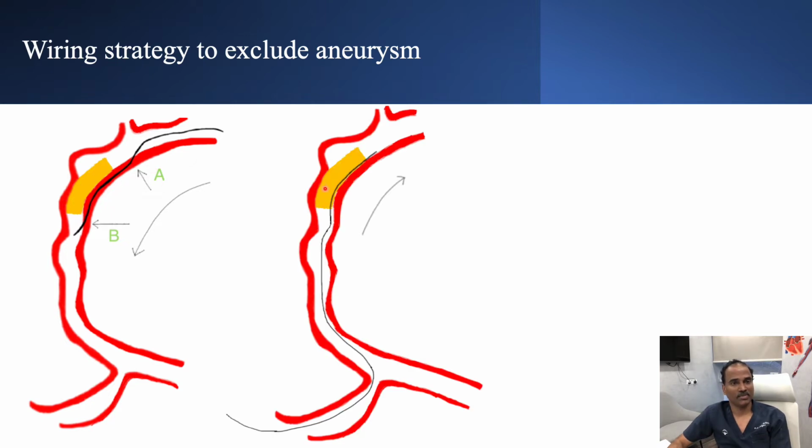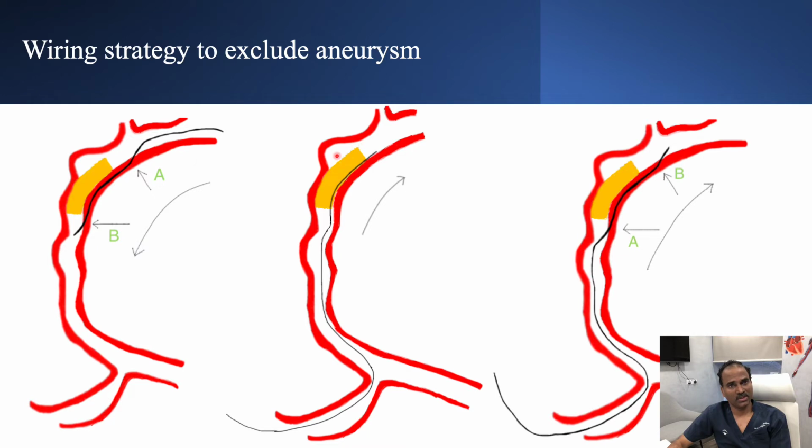And another option is you can come retrograde directly and send your wire opposite to the aneurysm wall, and then you try and shift this plaque or flap onto the aneurysm. So this is another option.